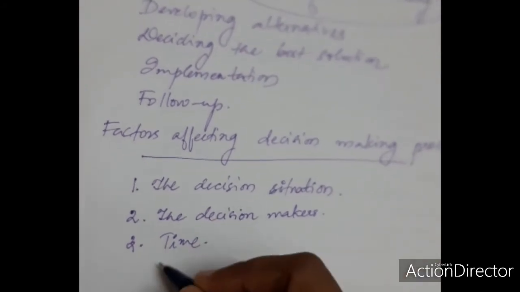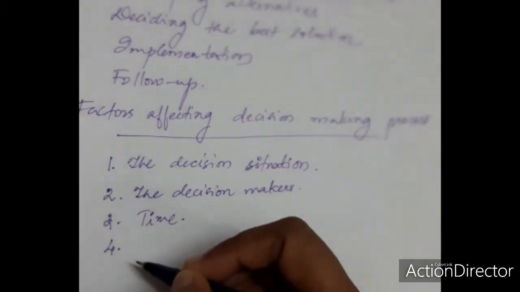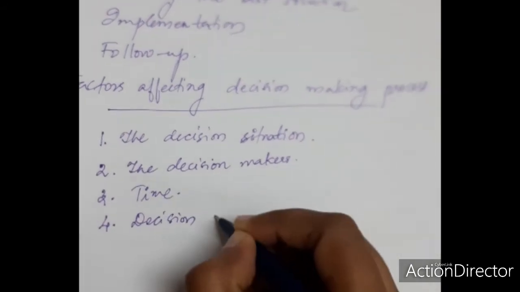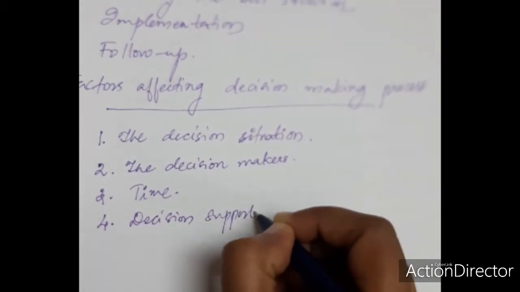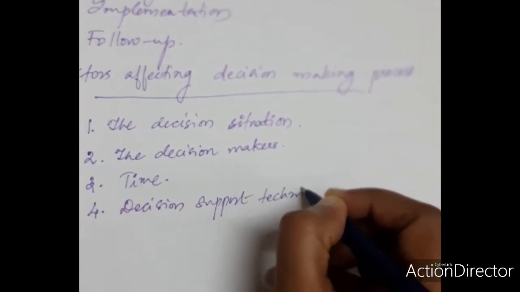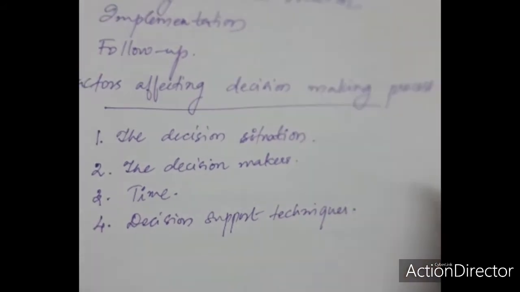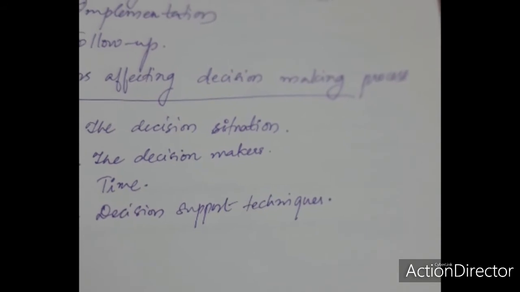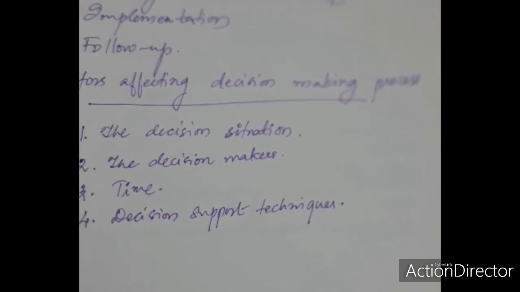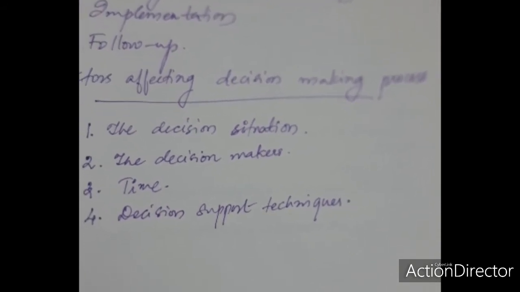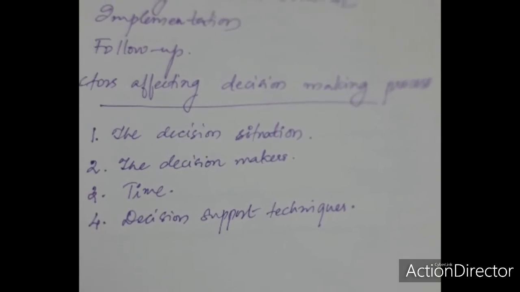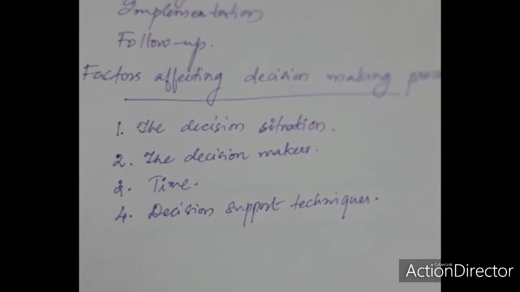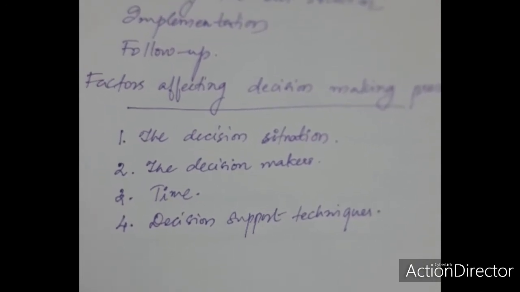Now the fourth point is decision support techniques, in which there are many methods by which we can support a decision. That is, there are many theories or tools or techniques that can be adopted to explain a decision making process. So they offer support to the decision making process.